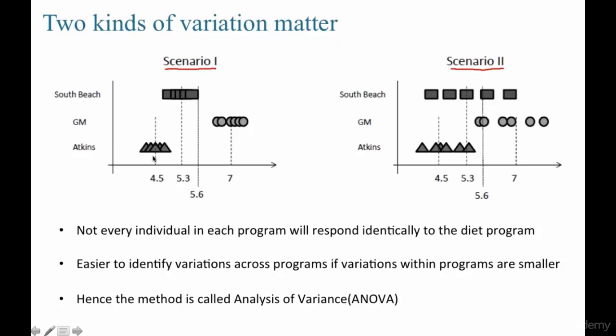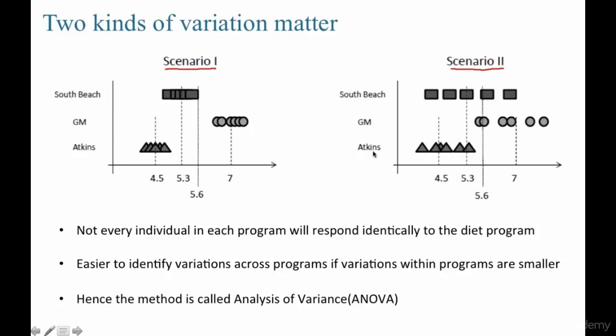The weight loss of people in Atkins diet program is more or less the same. So the people who are assigned to this diet program are losing more or less the same weight. But the people who are assigned to Atkins diet program in scenario 2 are losing varied weights. And the weight loss is in sync with your South Beach diet program also. What does that mean? Say 5.3.